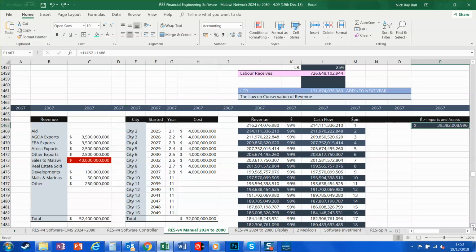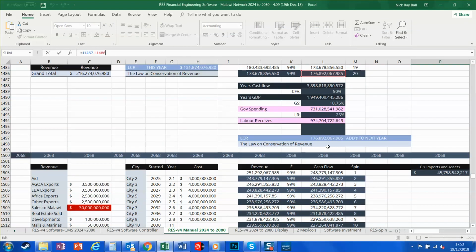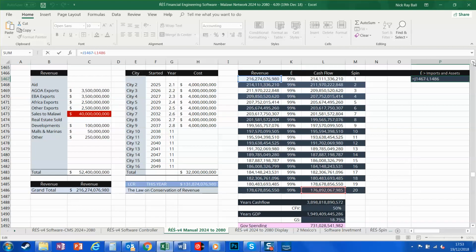This is revenue, the first bit of revenue minus the last bit of cash flow. First bit of revenue, last bit of cash flow. And that's basically imports and assets, which are reflected somewhere.